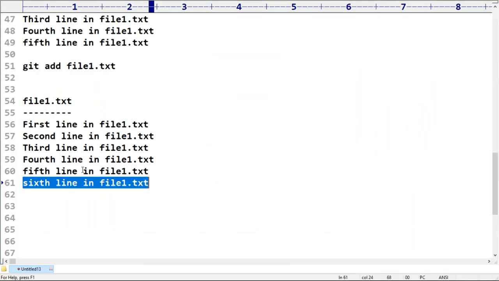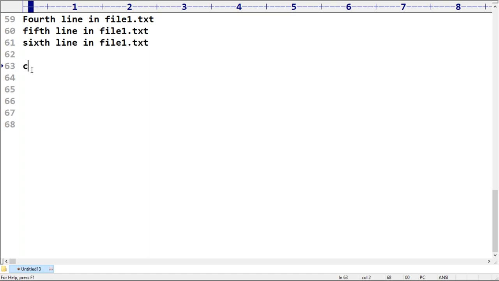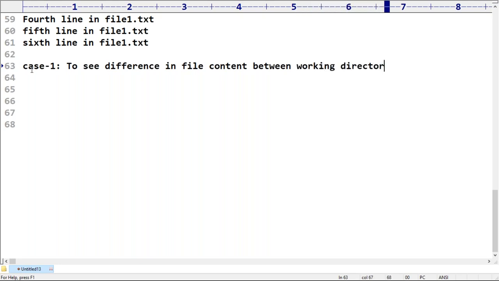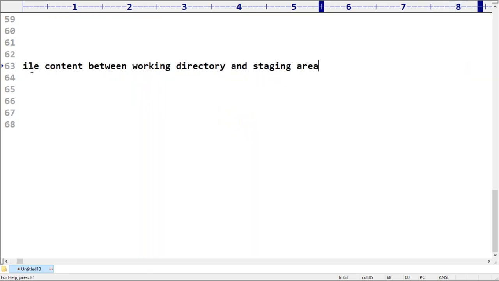Now here, sir, first case: what I want to compare is to see the difference in file content between the working directory and the staging area.